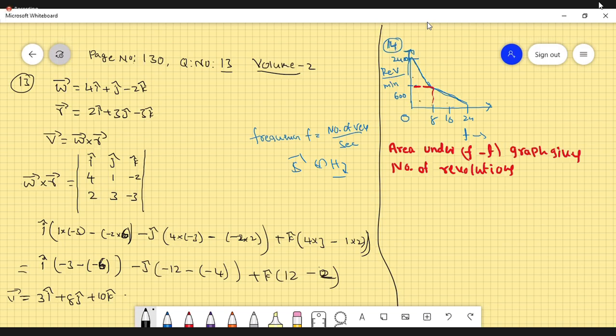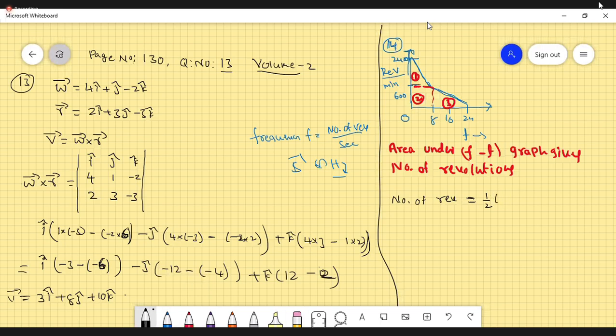So number of revolutions equals area. So half into the first triangle. First one is a triangle, half into base into height. So base is how much? 8 minus 0, into height, how much? 2400 minus 600.